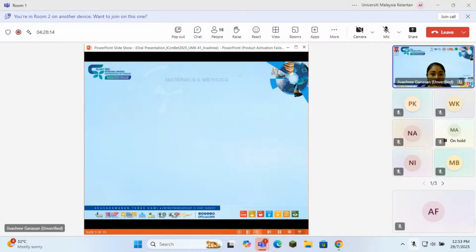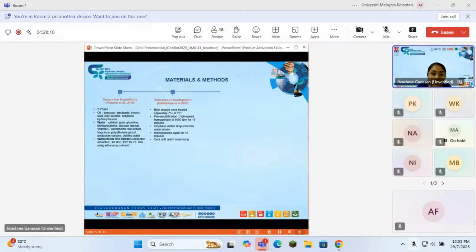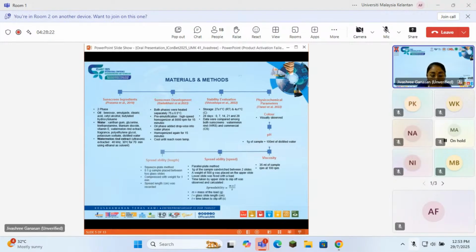To begin with the materials and method, the sunscreen ingredients consist of two phases, which are oil-based and water-based. For the emulsion, beeswax was used as the base ingredient, followed by other ingredients. Watermelon rind extract was pre-processed using ultrasonic extraction at 30 degrees Celsius for 70 minutes using ethanol as a solvent.